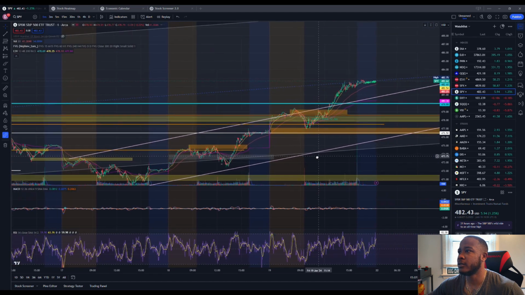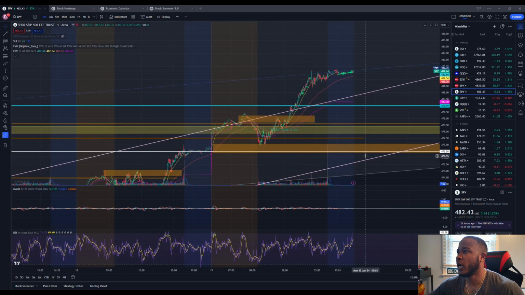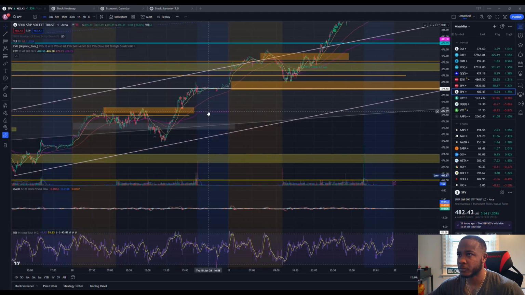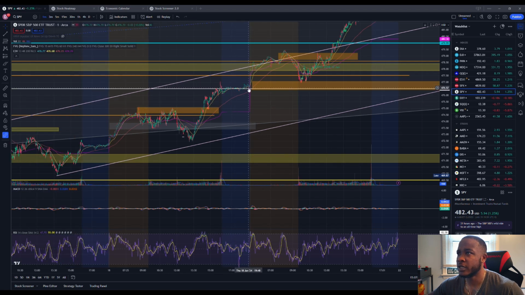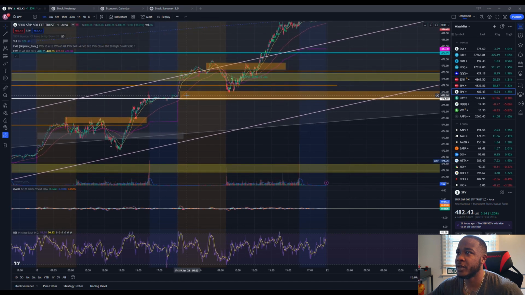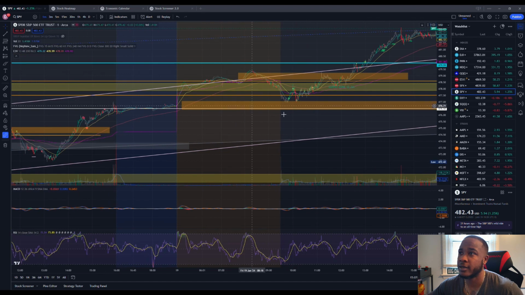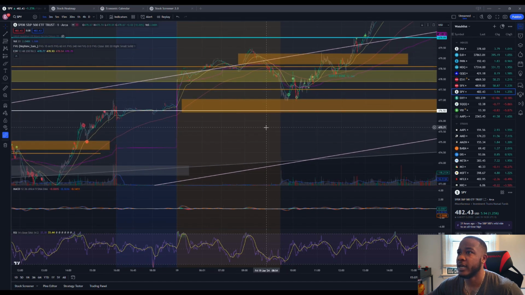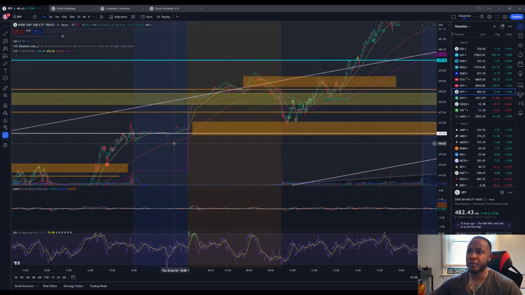Now that you all have a bigger picture, here we go. This is right here, Thursday post-market, taking us into Friday pre-market. This is the zone that I identified as the demand zone.